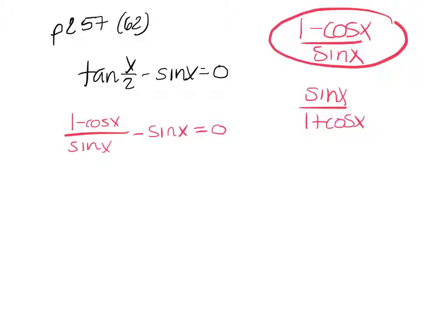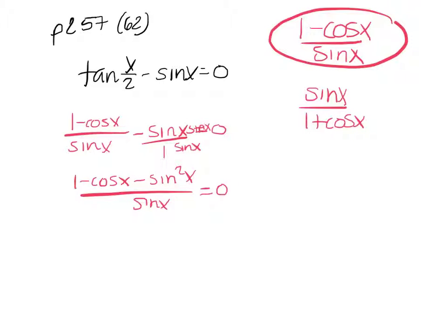And then, should we get a common denominator maybe? So this is over 1. Oh, that's nice. This is over 1. So then I multiply top and bottom by sine. So now I have 1 minus cosine x minus sine squared x over sine equals 0.